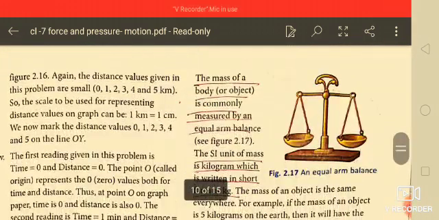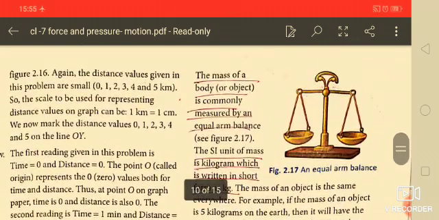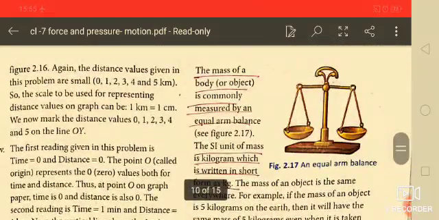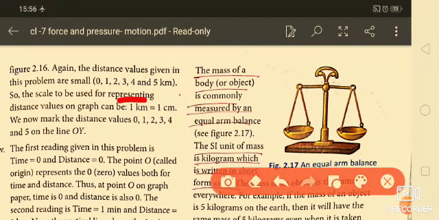Next one is in figure 2.16, which is given here. Again, the distance value given in this problem is 0 to 5 kilometers. The scale to be used for representing distance on the graph is 1 kilometer equal to 1 centimeter.